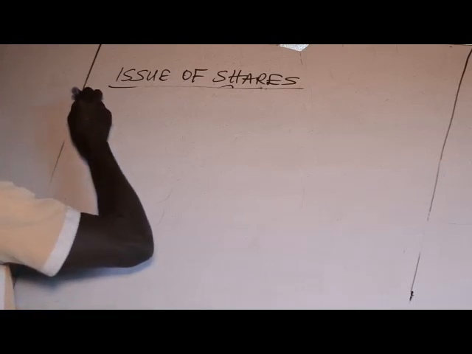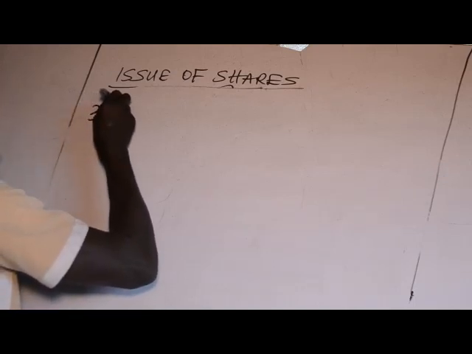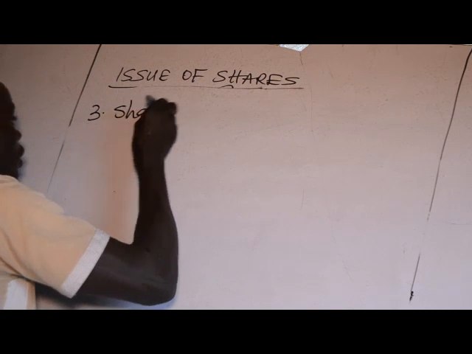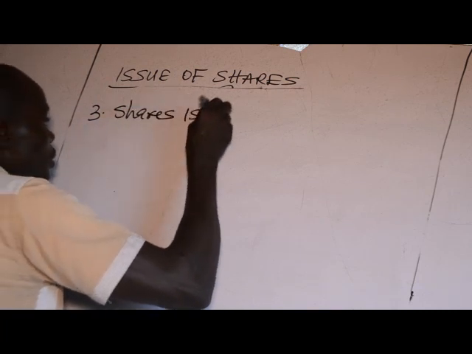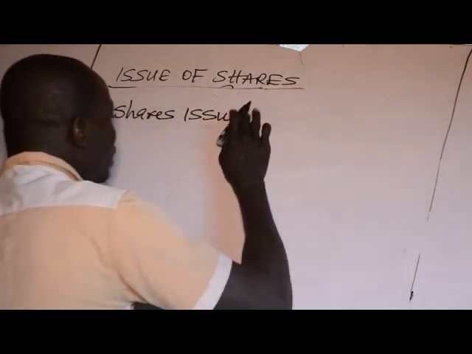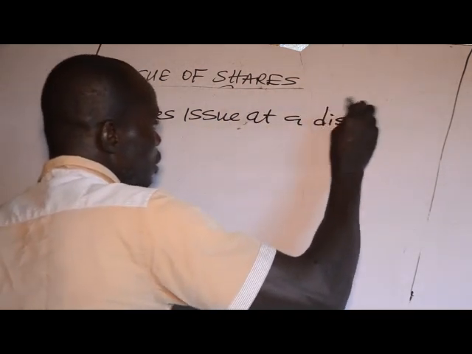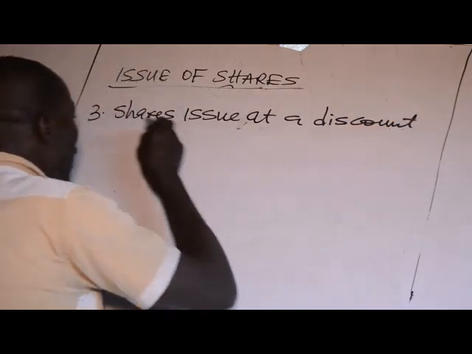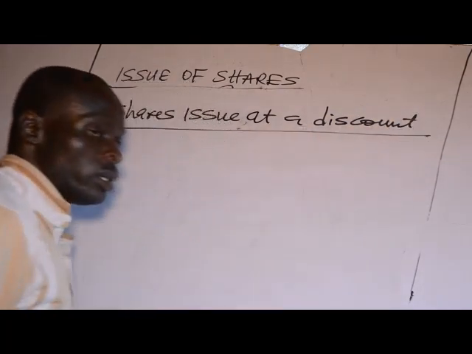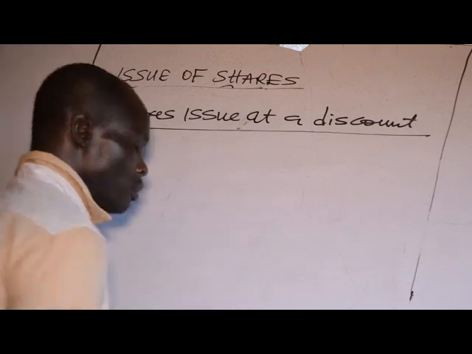The third one is shares issued at a discount. This is when shares are issued below their nominal value.